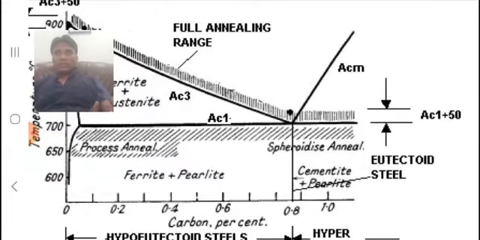Heating the steel to a predetermined temperature is very crucial, and based upon the temperature, phase transformation takes place. That is, whatever perlite is present in the steel will entirely convert into austenite.